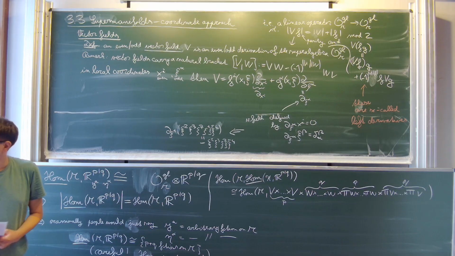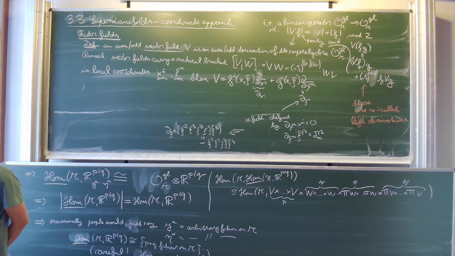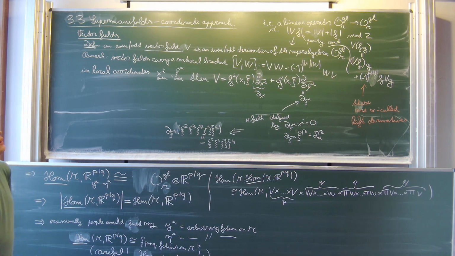Yes, I can take a question. With vector fields, is a vector field always even or odd? Yes, there's some restriction on the degree of the functions f and g. It's not true that a vector field is even or odd; you can have a sum of an even and an odd vector field, which is inhomogeneous. But you can always split it.